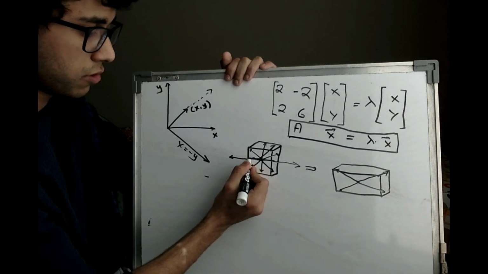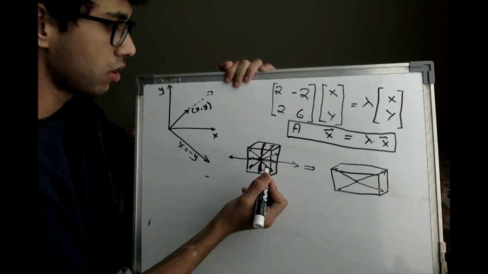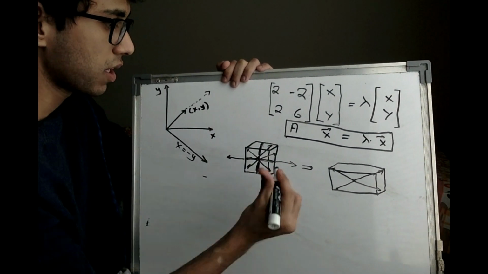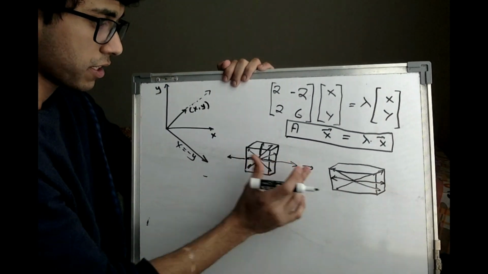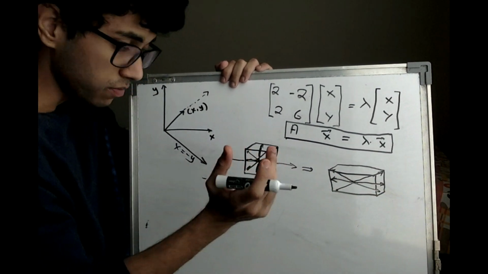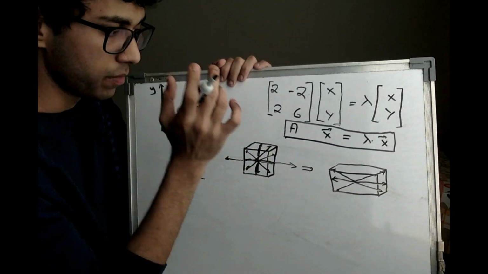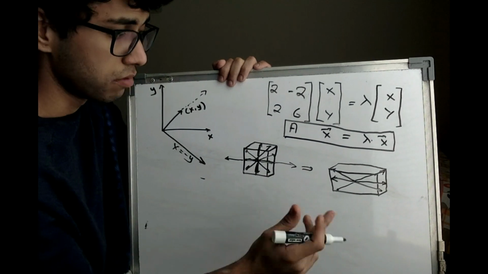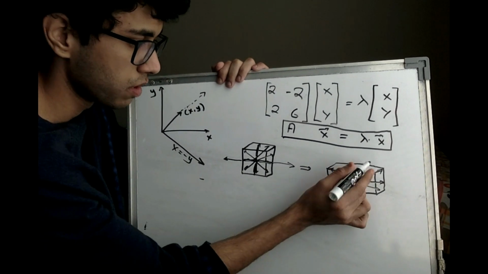For example, this vector and this vector, and in the z-axis. But let's consider this vector and this vector. Since our force is being applied in this direction, these vectors will not change in direction, but only change in length by a factor of lambda, which will be more than 1 this time.